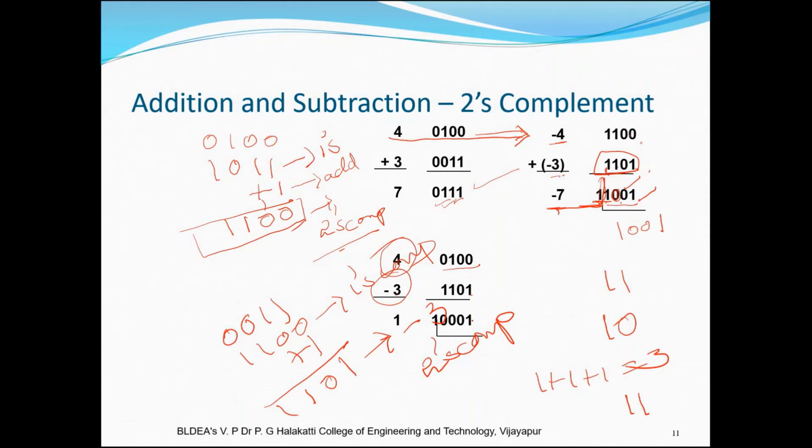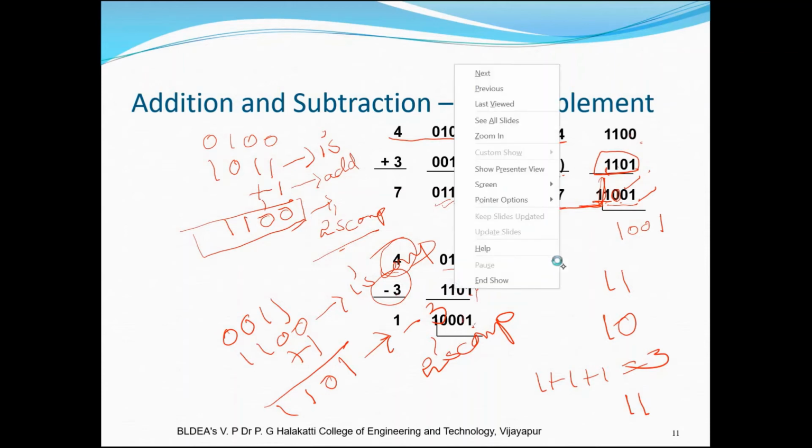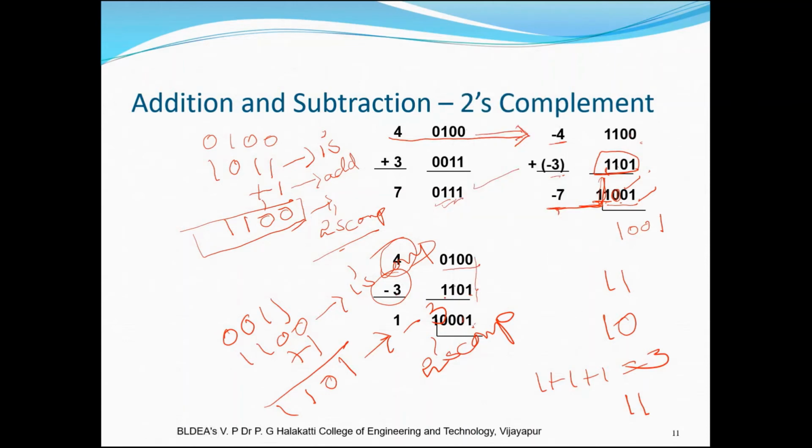So now when I perform addition, the answer that I am going to get is 10001, because 1 plus 0 is 1, 0 plus 0 is 0, 1 plus 1 is 2, which is going to be represented as 10. So the answer is 10001.